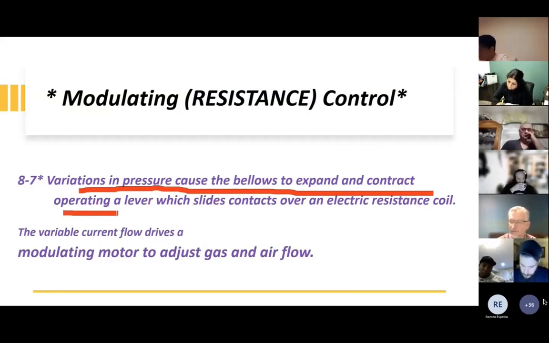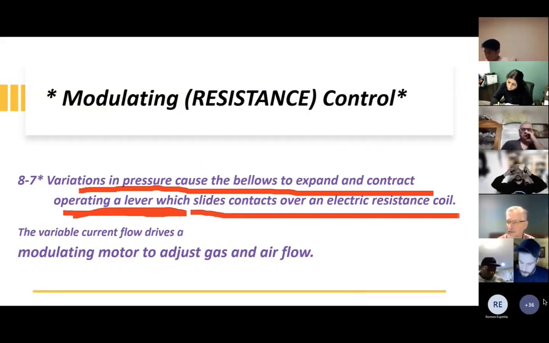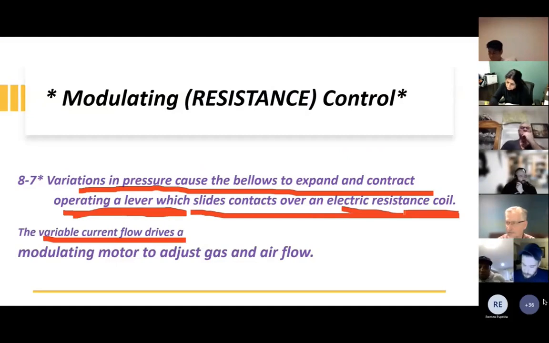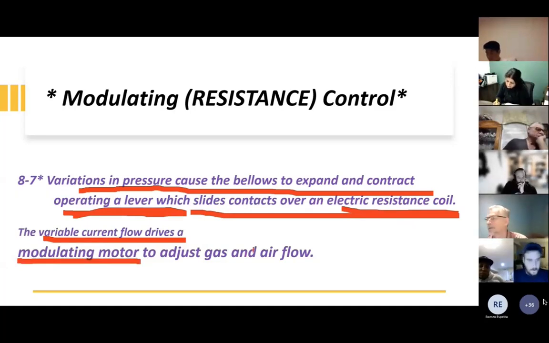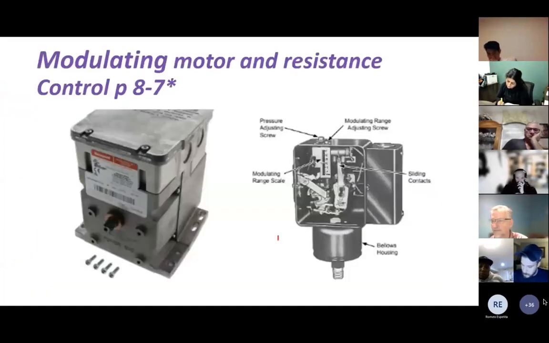This operates a lever, and instead of the lever tipping a mercury switch, it will move contacts across an electric resistance coil. The variable current created by using this resistance coil will drive or control a modulating motor. What a modulating motor does is control gas and air flow simultaneously.